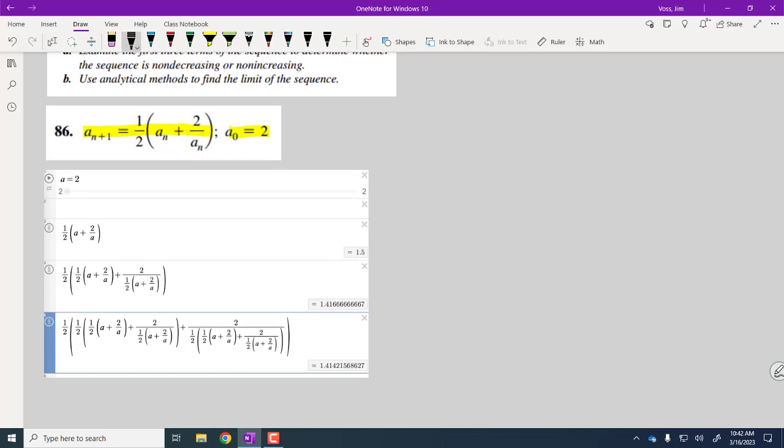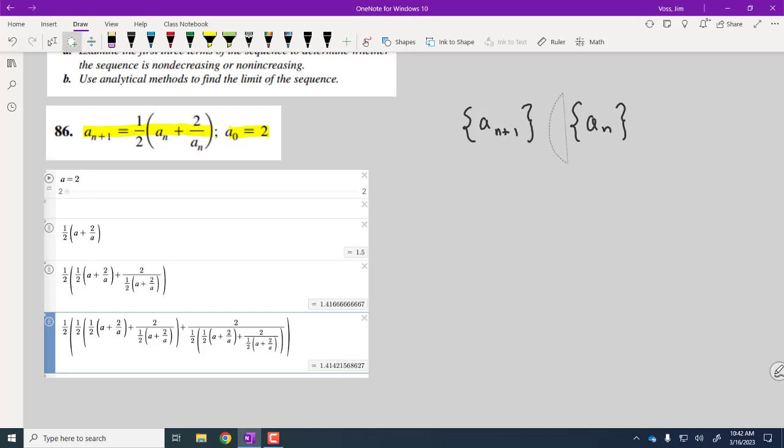So first off, a sub n plus 1 and a sub n, those are the same sequence except for the very first term. Here, n is starting at 0. Let's put them on different lines.